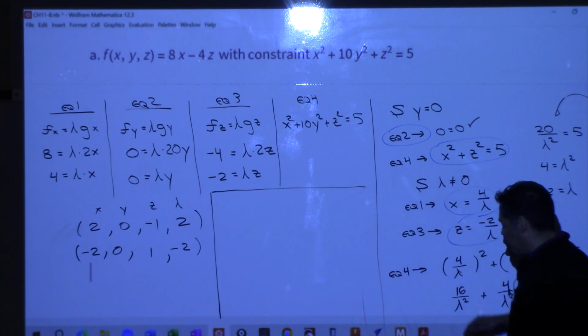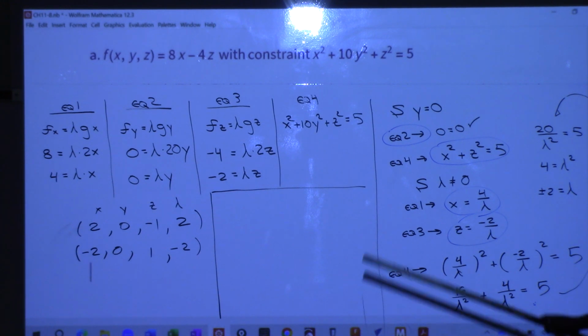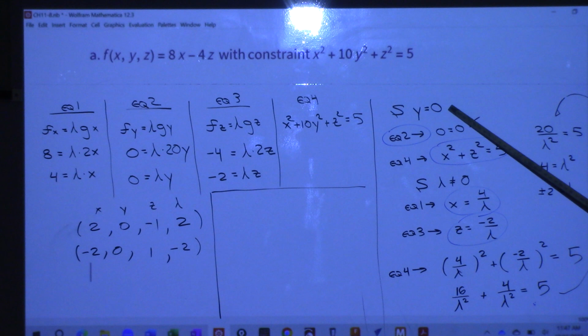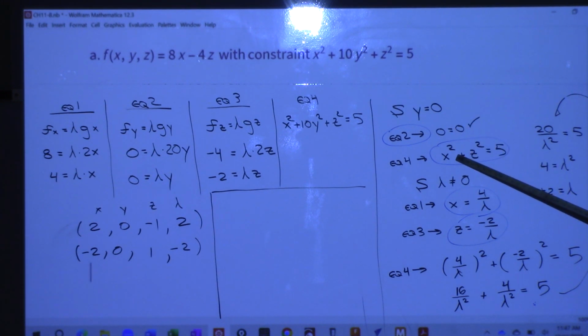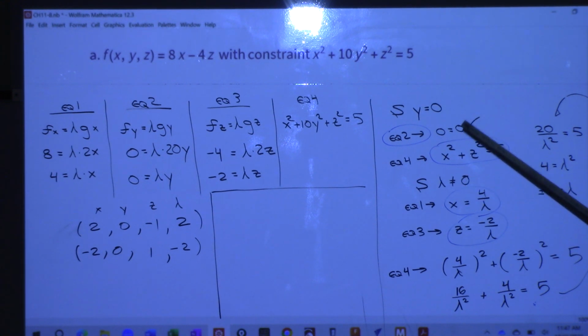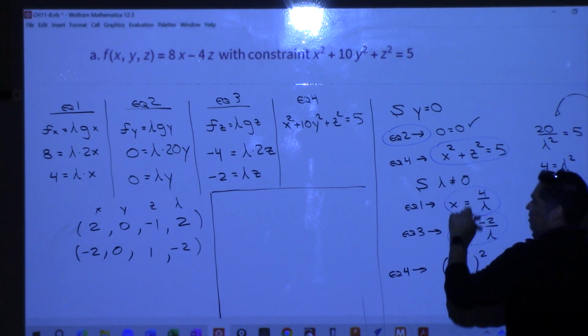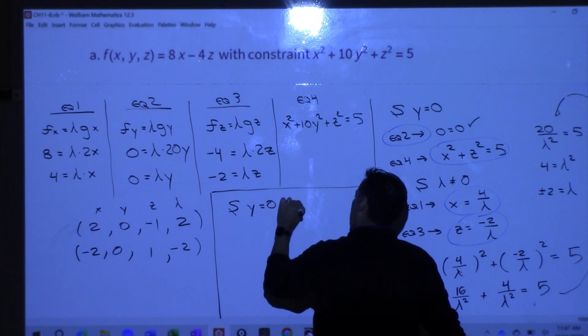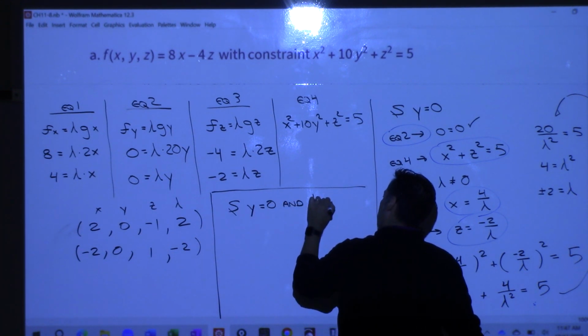Now, let's run back through our logic again. We said, suppose y is 0. If y is 0, equation 2 is true and equation 4 becomes that. And then we said suppose lambda is not 0. What I'm going to do is go back and say suppose y is 0 and lambda is 0. So I'm going to go through the same logic but change this. What happens?